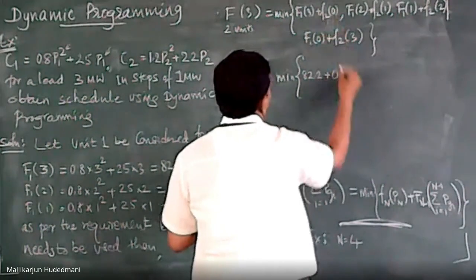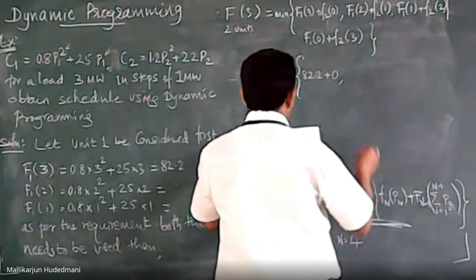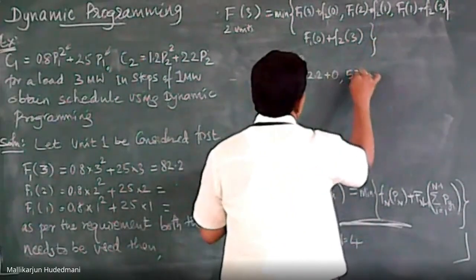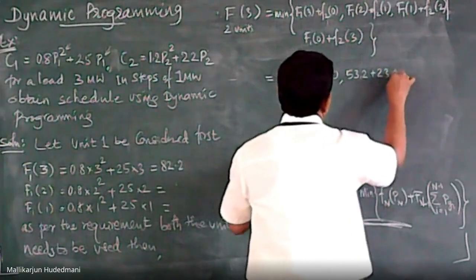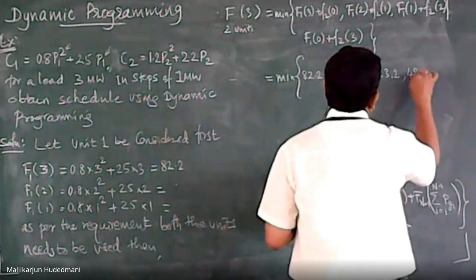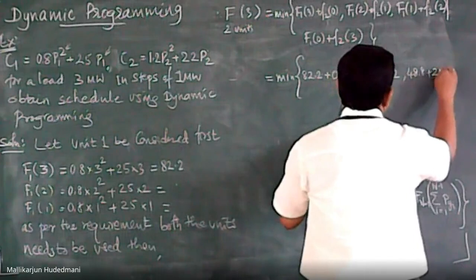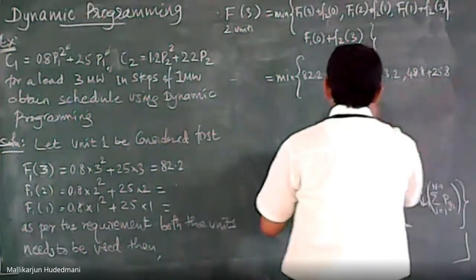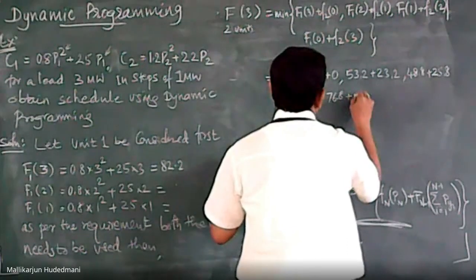The second term is 0, comma. The second term, this one, what is the value I have? 53.2 plus 23.2, comma. The next one is 48.8 plus 25.8. The last answer is 76.0, whatever the value I have here.